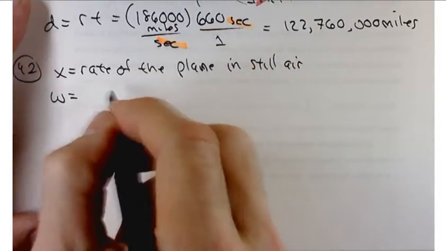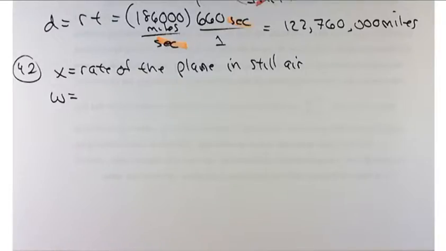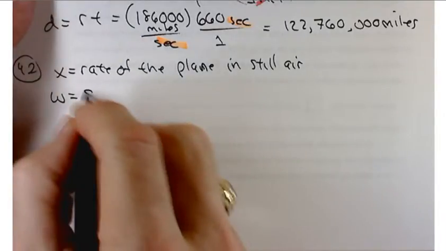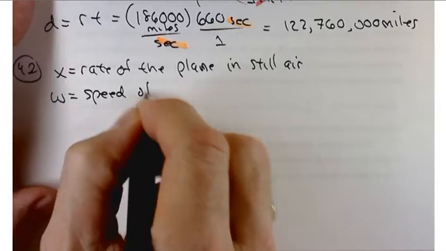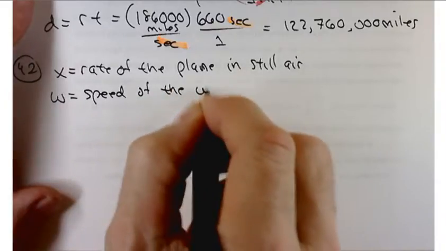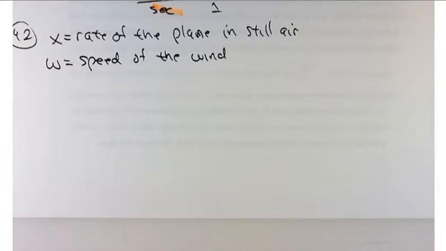And w is going to be the speed of the wind. So those are our 2 unknowns. We need to figure out both of these things, and I'll show you the problem in just a second.